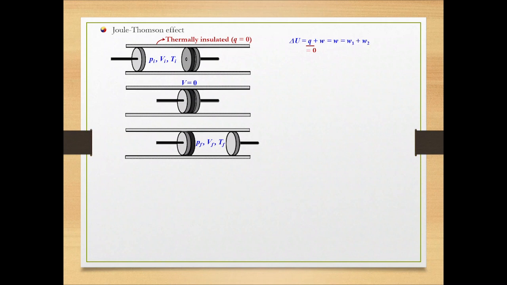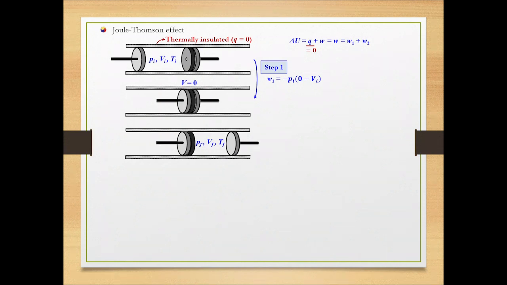The work done during the whole process is equal to the sum of the work done at step 1 and step 2. Step 1 is the compression of the gas on the left side of the cylinder, and W1 can be expressed as negative Pi times volumetric change, which is 0 minus Vi.